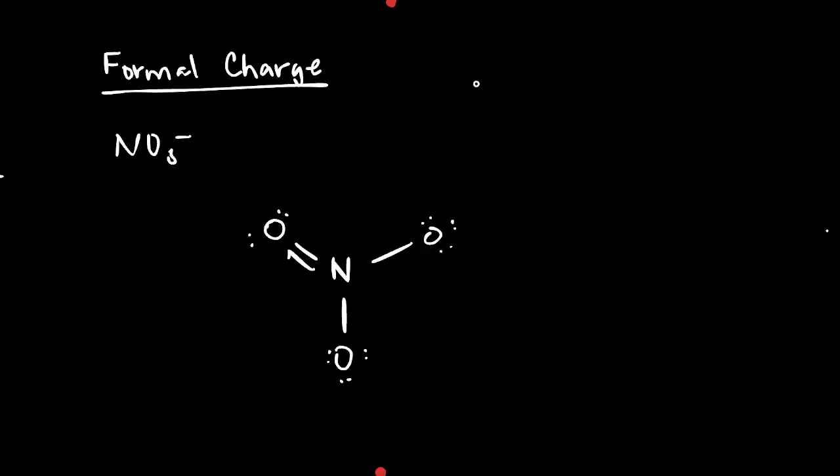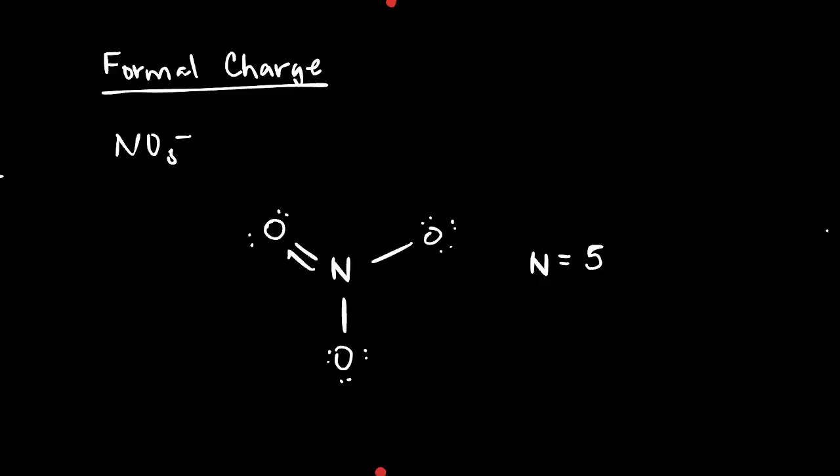So let's start off by looking at the nitrogen. If we want to find the formal charge of the nitrogen here, we use should minus has. Should is basically the number of electrons that the periodic table says the neutral atom would have. So a neutral nitrogen should have 5 electrons. And now what does it have?